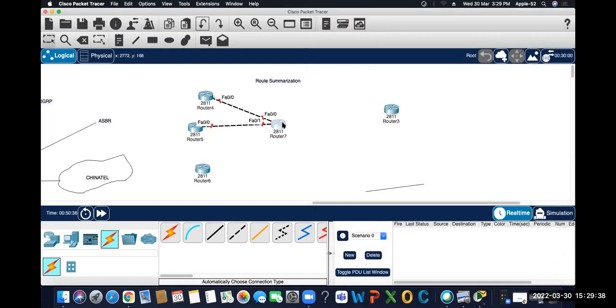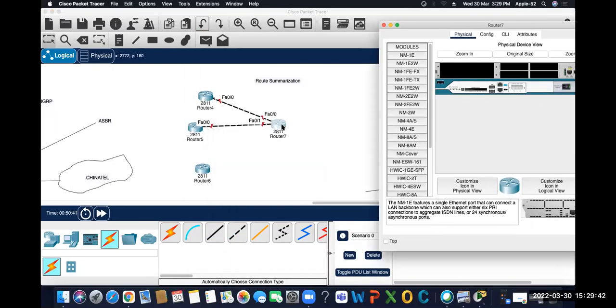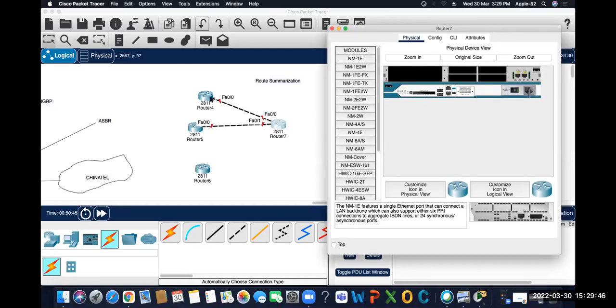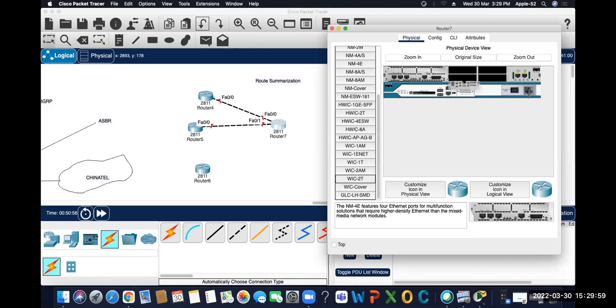This router just had 2 ports and they had been used by these 2 routers. So when I want to connect the third one, I have to insert more modules here. So just turn it off and add modules NM4E and VIC2T.